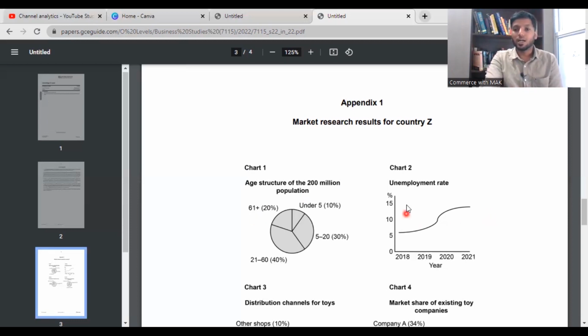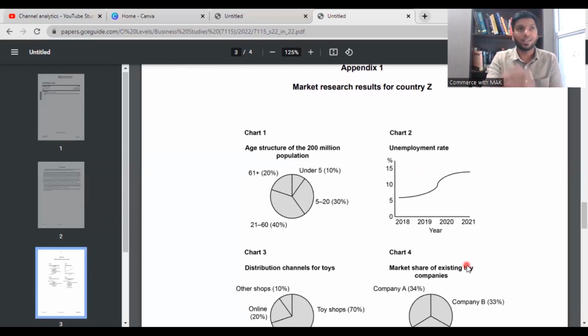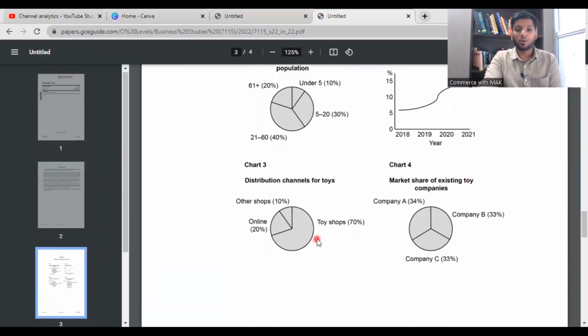Chart 2 gives you a complete idea about the unemployment rate. This gives you an understanding of how many people are working in the country, and how many people you can give opportunities to and recruit at the lowest cost. Then chart 3 speaks about distribution channels for toys. There are three categories: in toy shops you can sell 70%, online 20%, and other shops 10%.